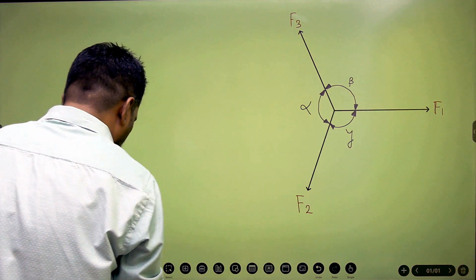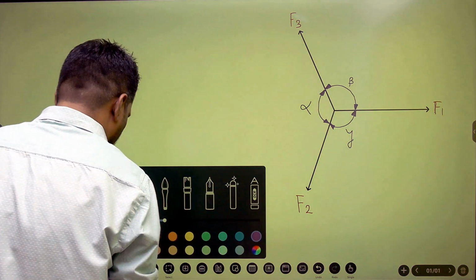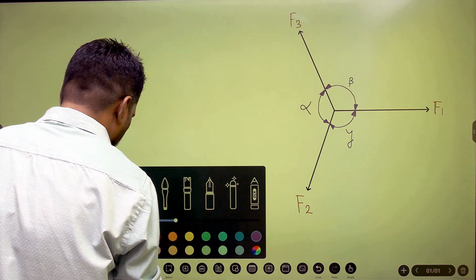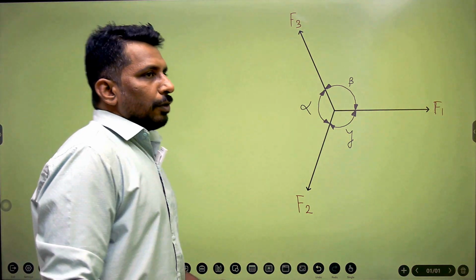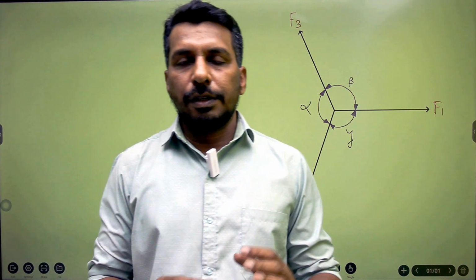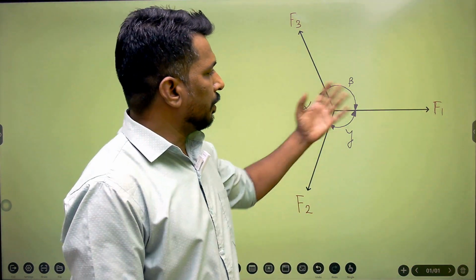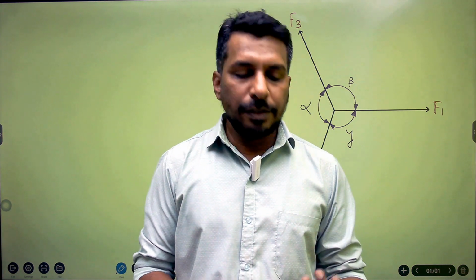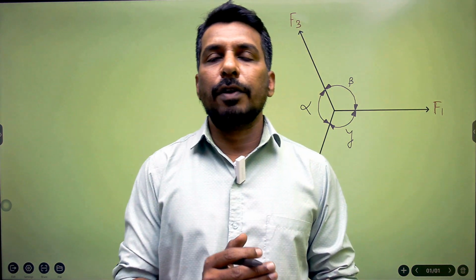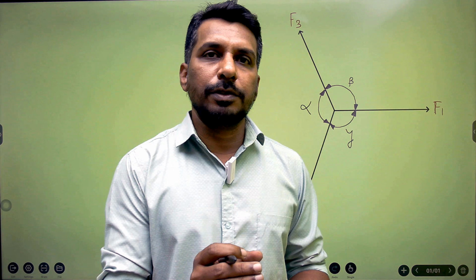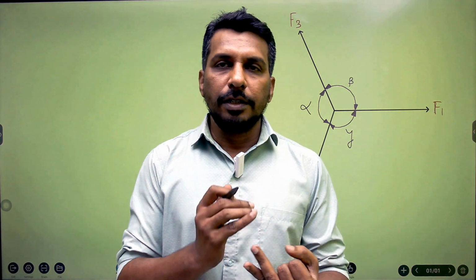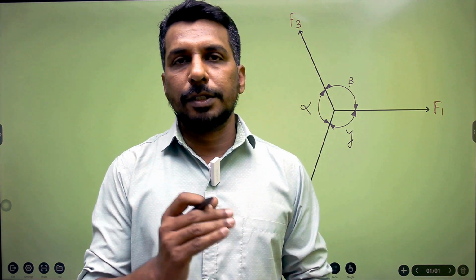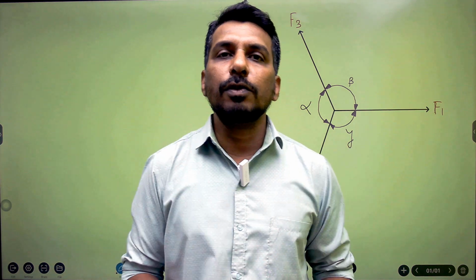Now what are the different conditions that have to be considered before applying Lami's theorem? The first thing is the force system created by these three forces must be in equilibrium. Equilibrium means summation Fx and summation Fy must be 0 for a concurrent force system, and summation Fx, summation Fy and summation moment must be equal to 0 for a general force system.